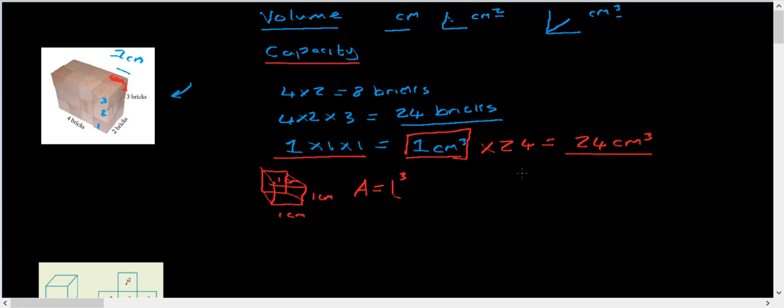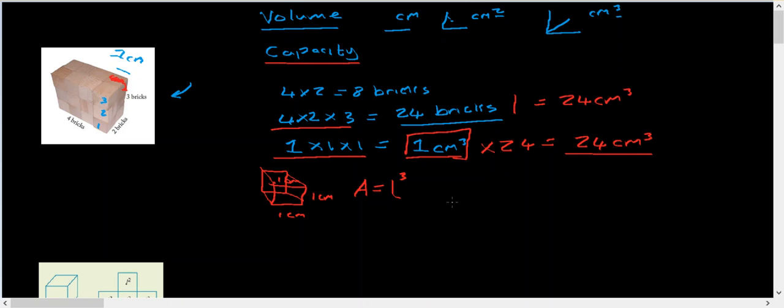Another way we can look at it is, when we worked out the number of bricks, we could also just use the dimensions. So it's 24 bricks, which is equal to 24 centimeters cubed, because each brick is 1 cubic centimeter.